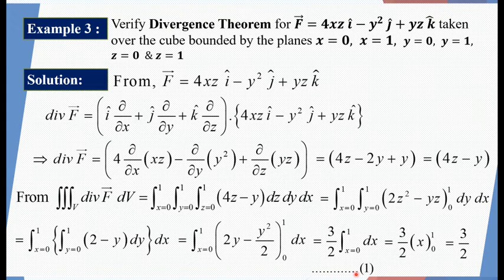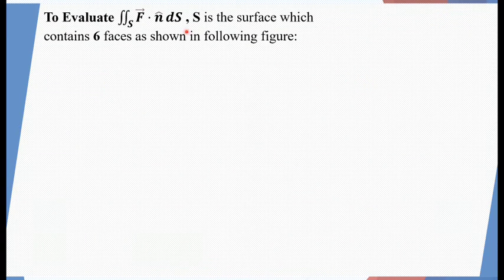Now moving on to the second part of this particular verification, and the second part is the surface integral. So we have to draw this particular cube first. To evaluate this double integral of vector f dot n cap dS, capital S is the surface which contains 6 faces as shown in this particular figure.